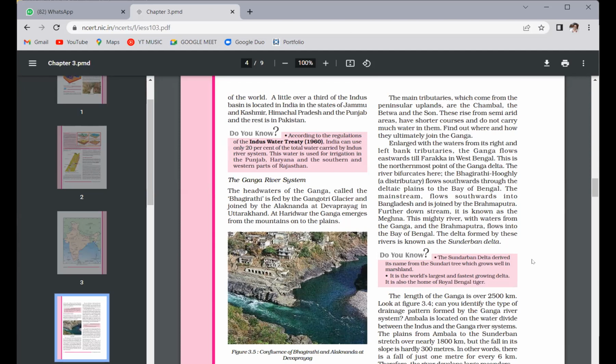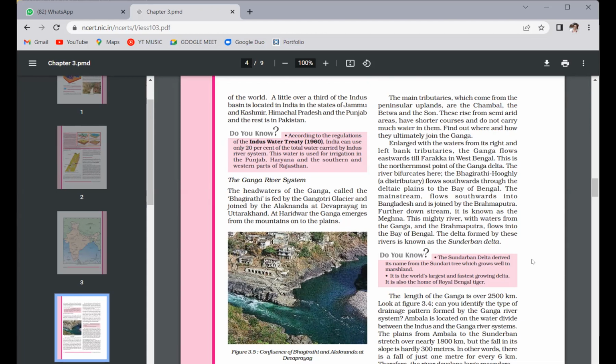Muddy lands. Lands which have mud content. Those lands where the water never dries up, and because of continuous flow of water, the water and mud turn into marsh. Daldali, which we say in Hindi, right? Yes, ma'am. So these are the marshy lands. Very good. Carry on.